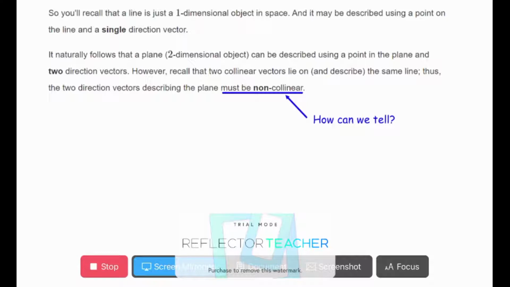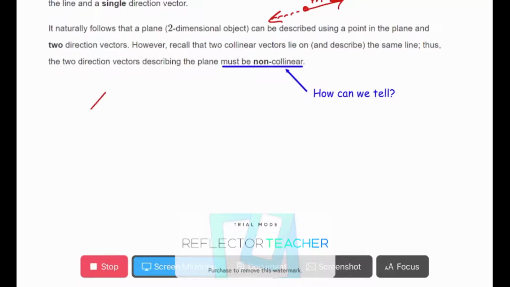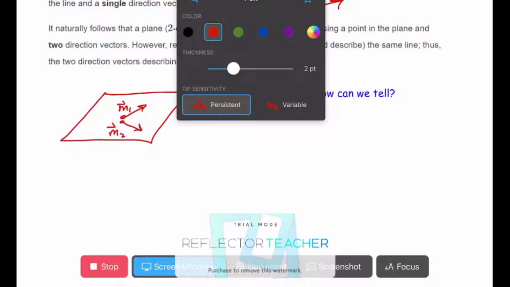So remember, our one-dimensional line, we can have a point, and then our direction vector m, and then we just have scalar multiples of that to head in whatever amount or in whatever direction we need to go from the point. However, now we're talking about a plane, so we're going to have our plane, our two-dimensional surface. We'll have some point, and we'll have two direction vectors. So if I have direction vector m1 and direction vector m2, I can define any point on the plane as a combination of those vectors.